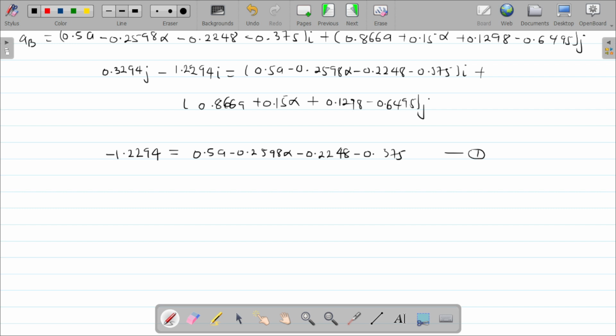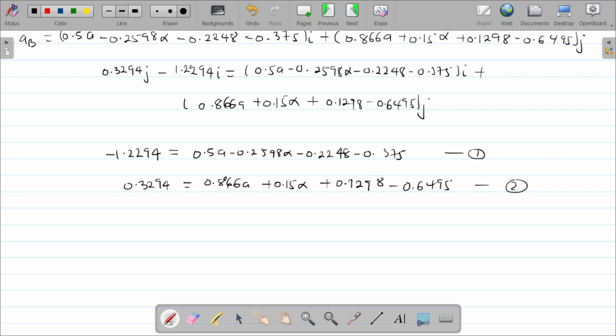And then the J, 0.3294 is equal to 0.866 A plus 0.15 alpha plus 0.1298 minus 0.6495, equation 2.